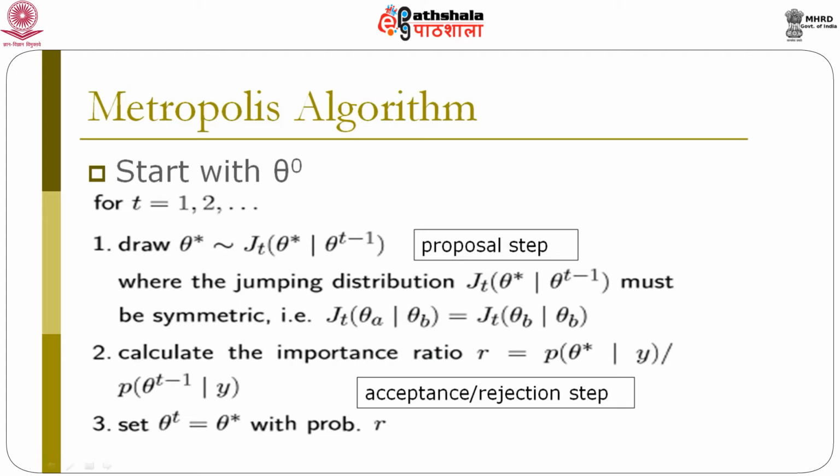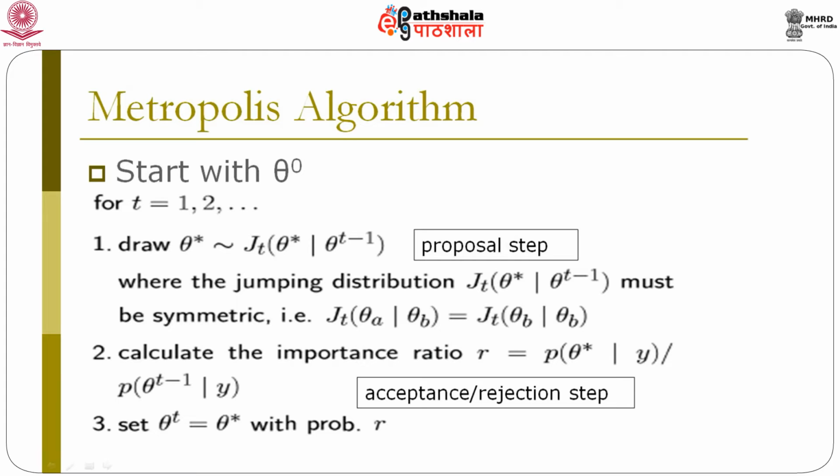So, this is the proposal distribution or jumping distribution. Anyway, so the jumping distribution is jt of theta star given theta t minus 1, and he assumed that this jumping distribution is symmetric, in the sense that jt of theta a given theta b is the same as jt of theta b given theta a.